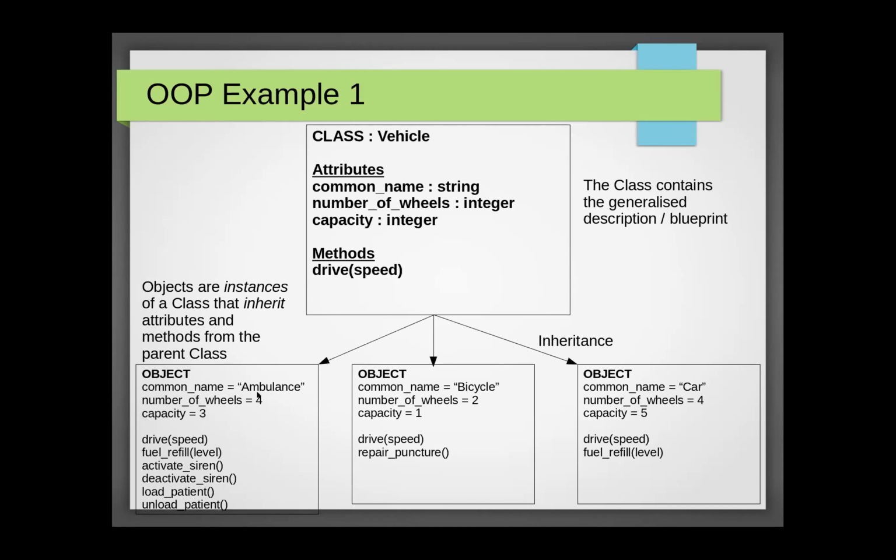So if you needed 5 ambulances in your model, you just create 5 instances of this class, usually in a loop, and you'd say create 5 ambulances, and then you've got 5 separate objects that are all vehicles, but with all of these things as well. And then you can deal with them separately.